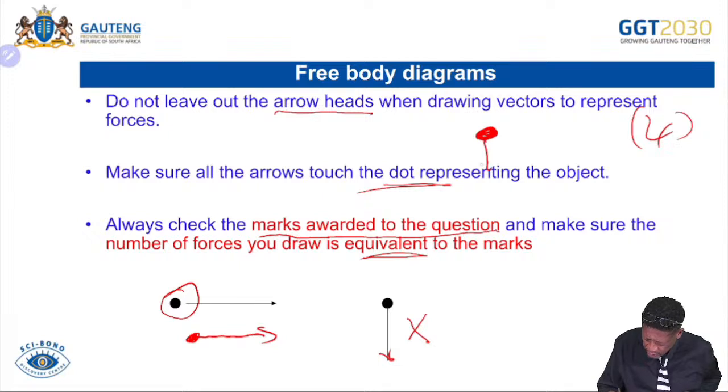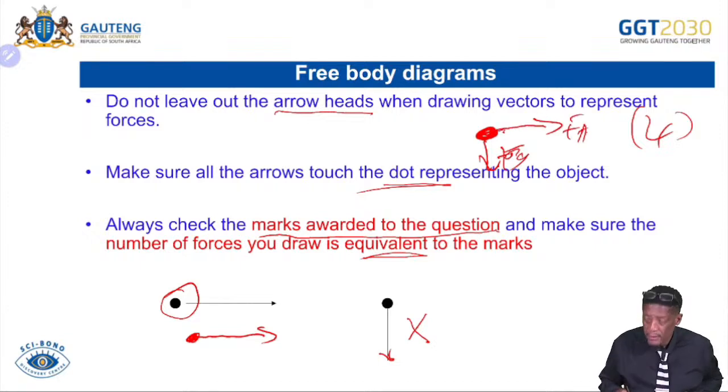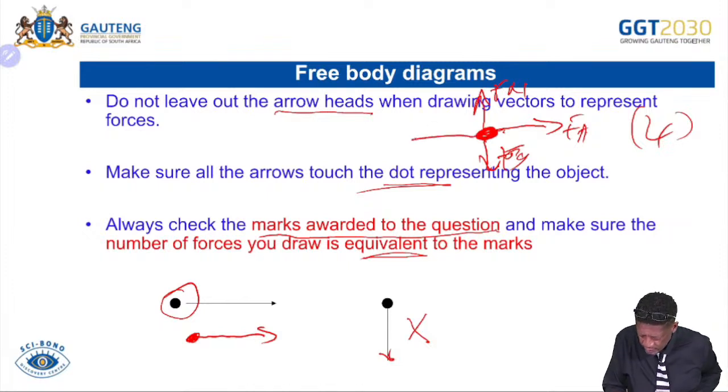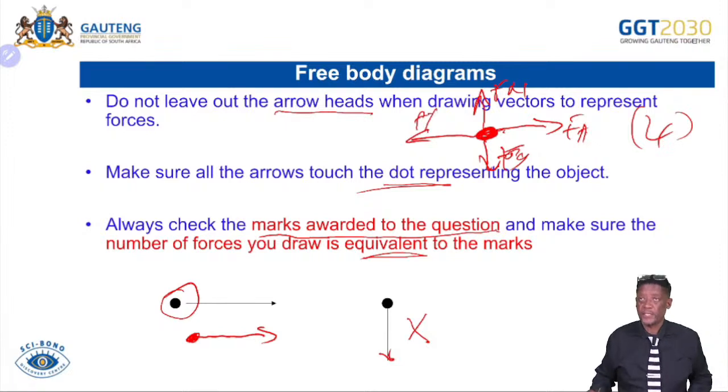Now, this is going to be the dot. Gravitational force, Fg. Fa, applied force. Fn, which is the normal force. Then we've got Ff, the frictional force.